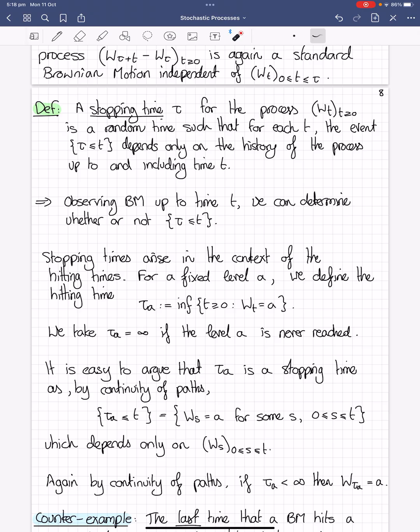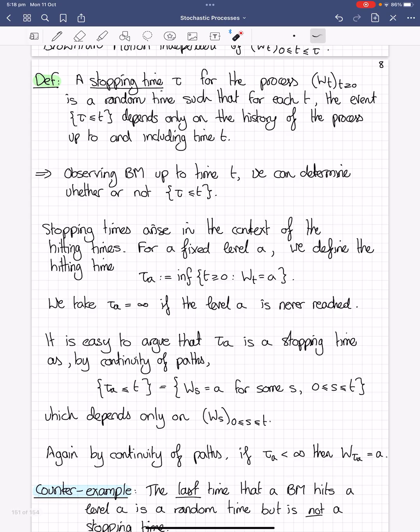So by continuity of paths, the event that tau A is less than or equal to t is basically equal to the event that the Brownian motion has hit A for some time s where s is less than or equal to t. And this only depends on the Brownian motion up to time t. In some sense this is the only way a stopping time can occur. Since the paths of Brownian motion are continuous, it has to hit that level and pass through it in a continuous manner.